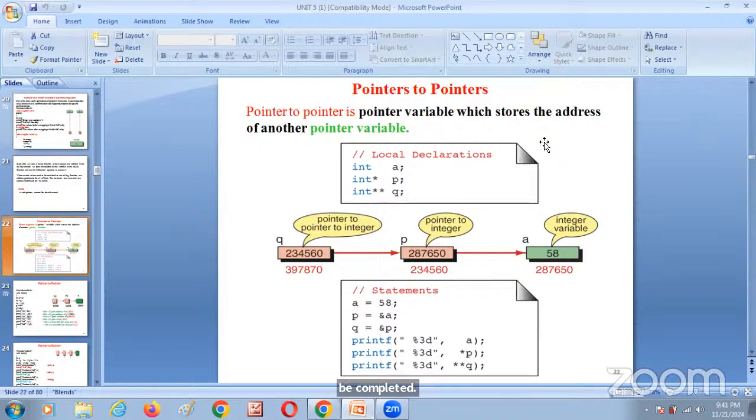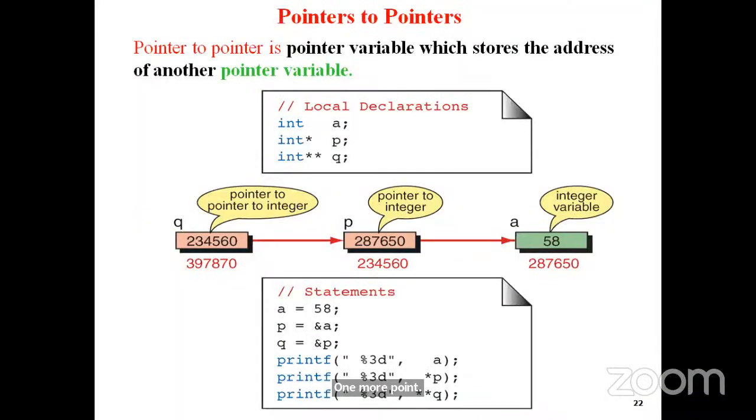Okay, the next concept is pointer to pointer, a pointer to one more pointer. What is this? A pointer variable which stores the address of another pointer variable is called a double pointer.